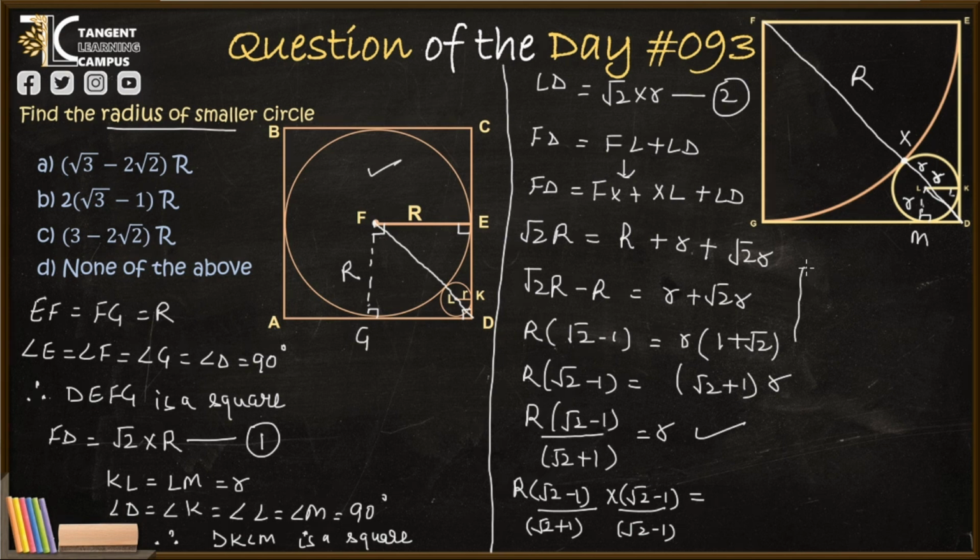So here we will use two identities. I am writing them down here, that is a minus b times a plus b is equal to a square minus b square, and this we will use first, and the second one is a minus b whole square is equal to a square plus b square minus 2ab.